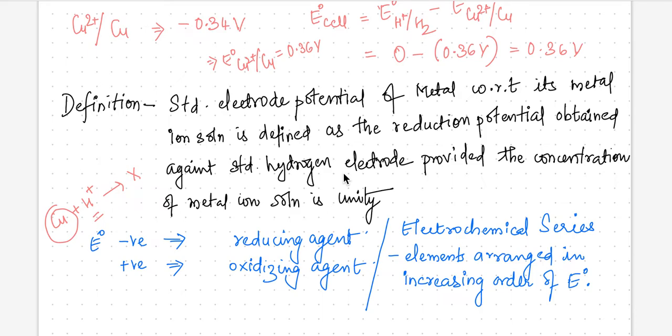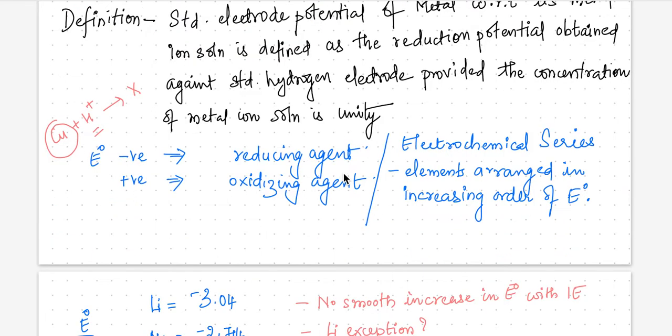Let us now try to compare the various elements and try to understand how the E naught value varies in different groups in the periodic table. Let's first start with the alkali metals.